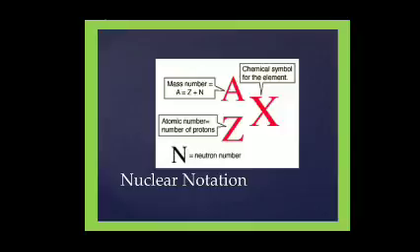A means mass number, the sum of protons and neutrons, therefore A is equal to Z plus N. The number of neutrons N is equal to A minus Z.